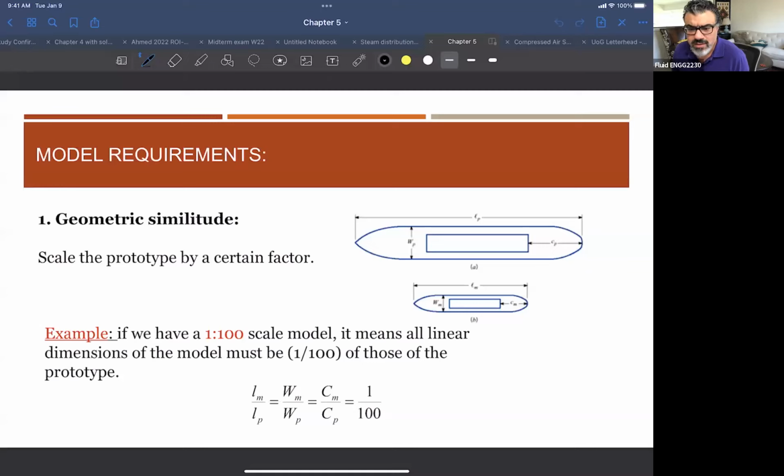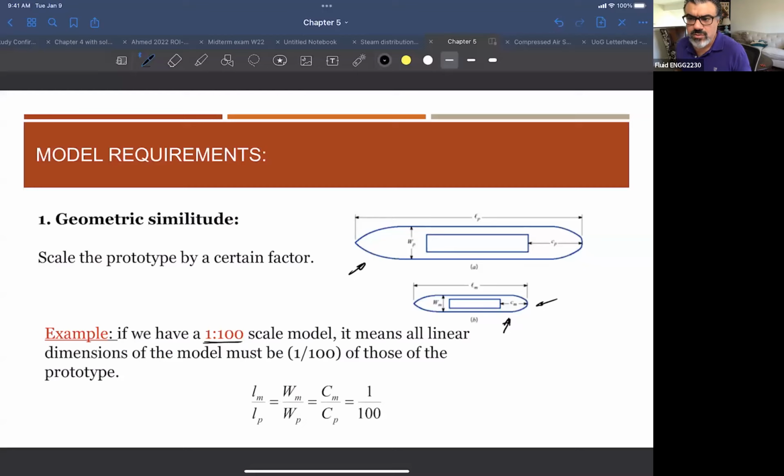So if you are building a ship like this in these slides, if we are scaling down this ship into a small model to be tested in the lab, we are expecting every dimension in the actual full scale prototype, or the ratio between the dimension in the full scale versus the dimension in the scaled model, will be given by what we call the scale.